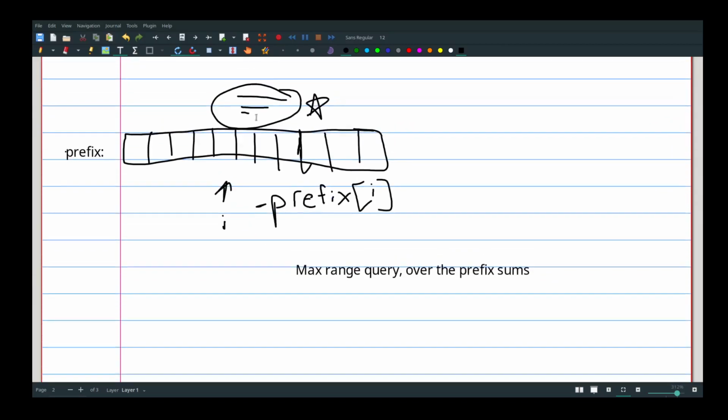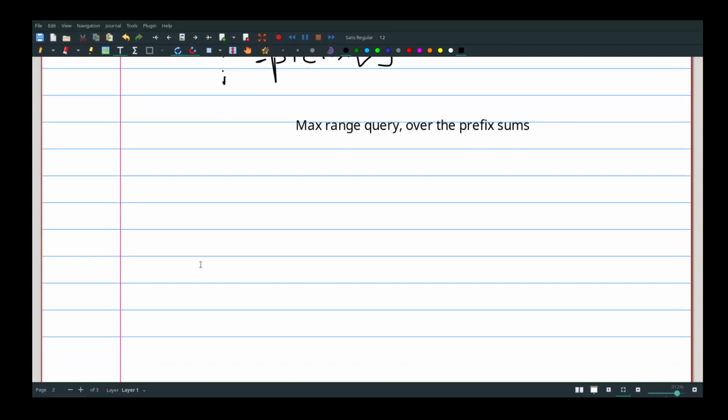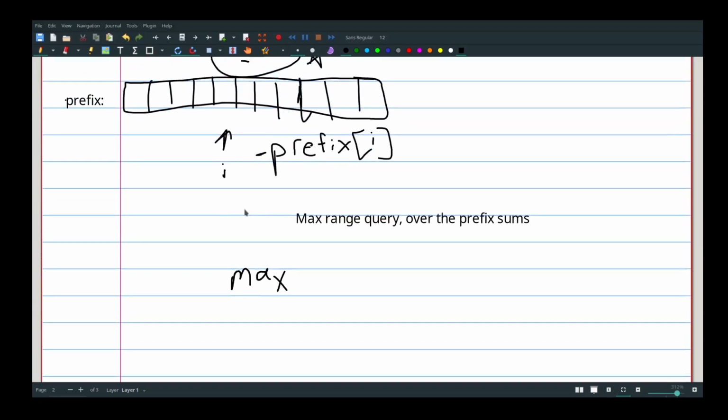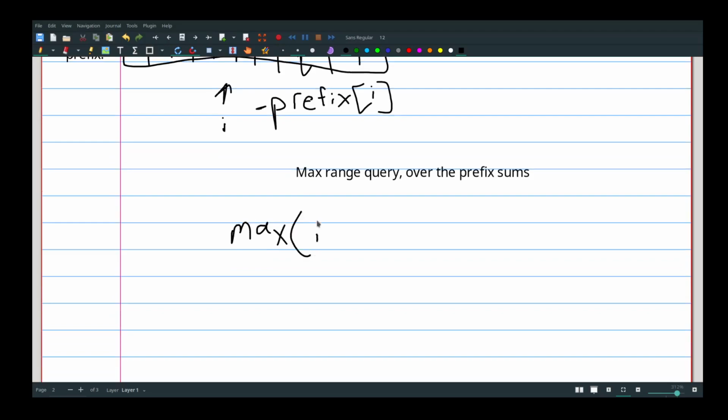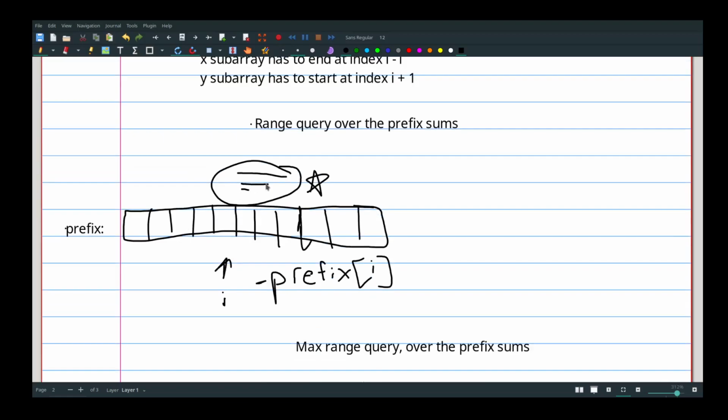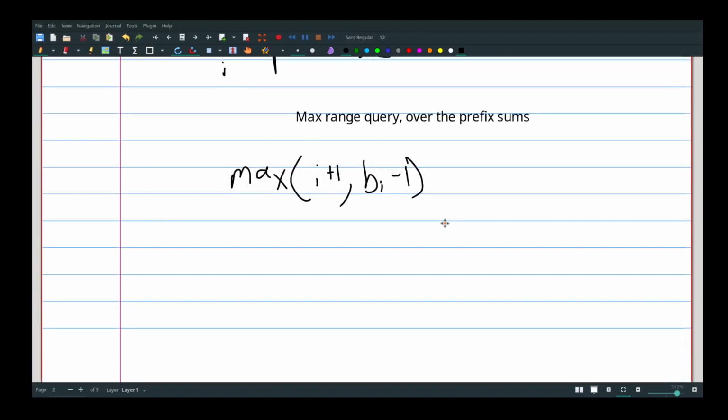So all we have to do is make a query like this. Say we had a segment tree that was built on the prefix sums. So we'd want to make a query from I plus 1 to b of I minus 1, which is the next greater element index. So it would cover all of these prefixes.